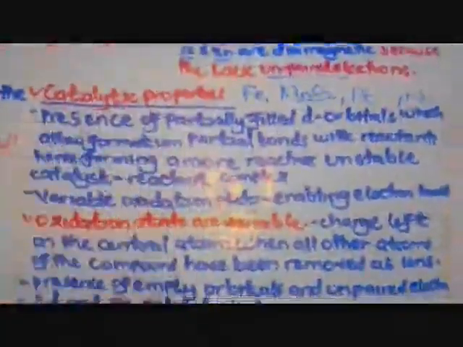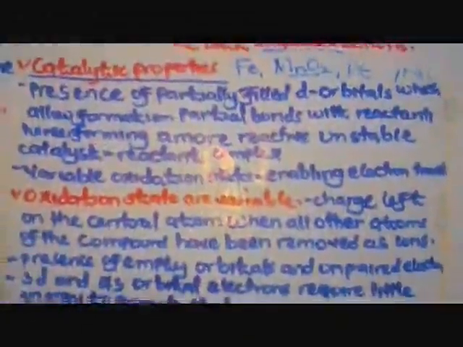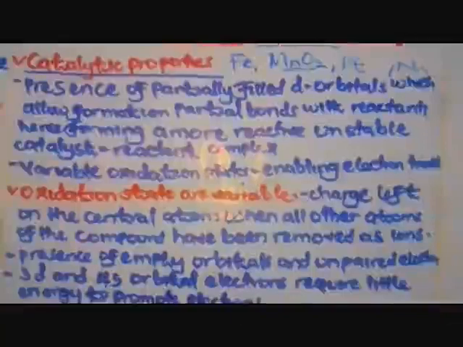Now what makes them to become catalytic? We are saying that it is the presence of partially filled d orbitals. The partially filled d orbital creates space for the reactant to bond with the atoms of a transition element to form a more reactive catalyst-reactant complex. This one speeds up the reaction because you are going to lower the activation energy.